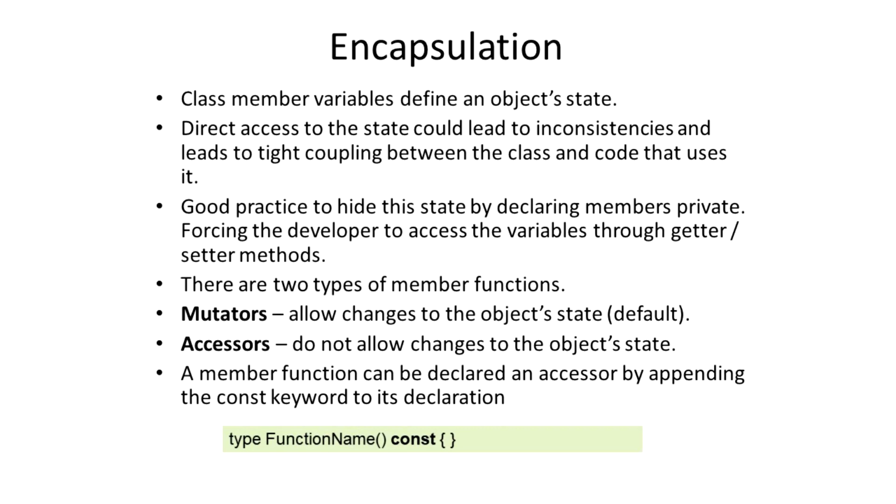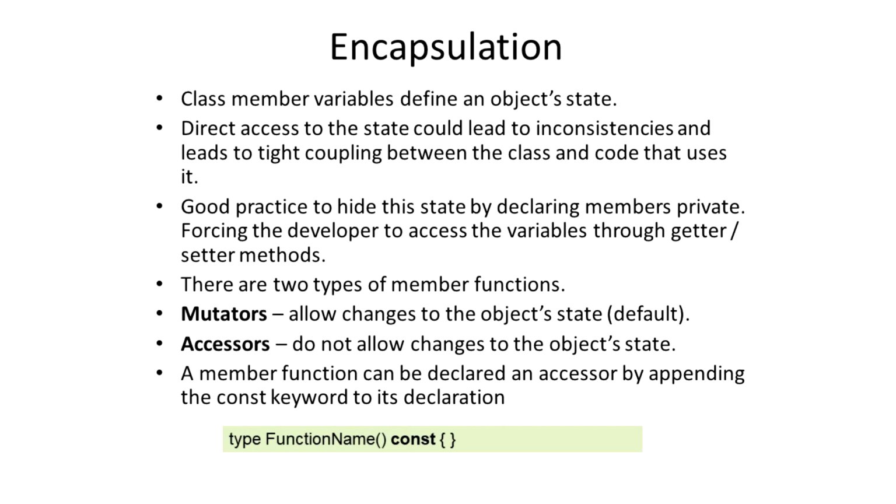And therefore, the guidelines advise people who use object orientation to make the member functions, the behavior of an object, publicly accessible, to allow changes to the object state through the member functions.